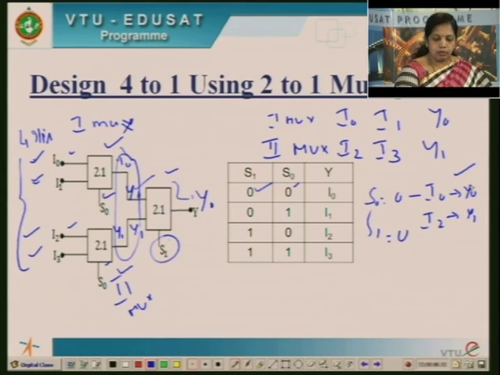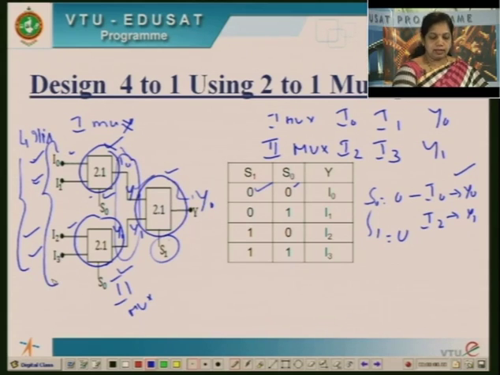So even though we are using 2:1 mux, 3 2:1 mux, together it is acting as 4:1 mux. S0 and S1 act simultaneously and you will get output at the final multiplexer, that is third 2:1 mux.